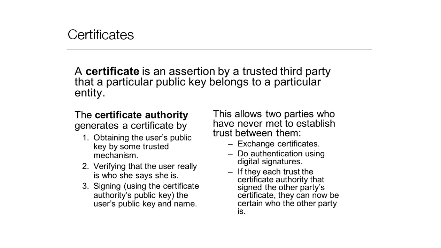So this allows two parties who have never met to establish trust between them, to exchange certificates, and do authentication using digital signatures. If they each trust the certificate authority that signed the other party, especially the server certificate, they can now be certain who the other party is, who the server is.